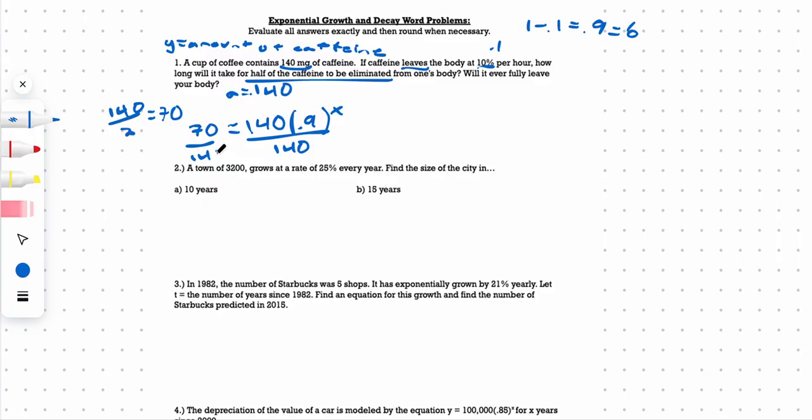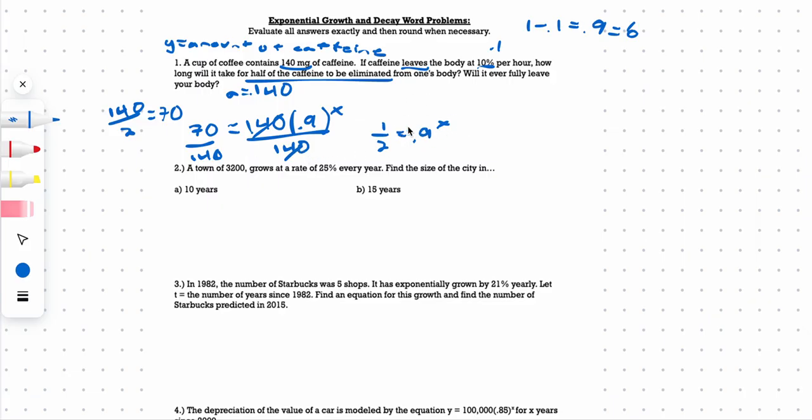And you don't even have to find exactly how much half of 140 is. Once this cancels out, eventually we get 1/2 equals 0.9 to the x power. You can just start by saying 1/2 equals 0.9 to the x power, because we're asking for half of the caffeine to be eliminated. For the sake of explanation, I just wrote this all out.